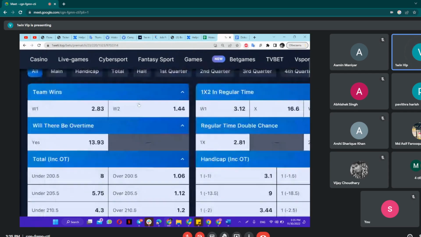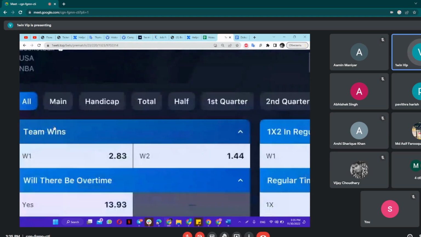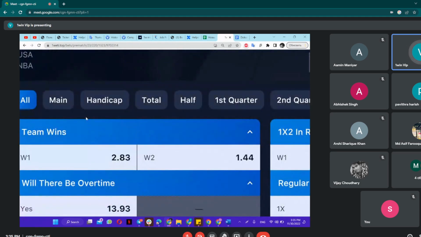Only one bet, team wins, doesn't have any clarification, but includes overtime, bonus time, penalties, everything. Every single goal, point, ball, etc., made during the match, in the main time, in the bonus time, in the overtime.